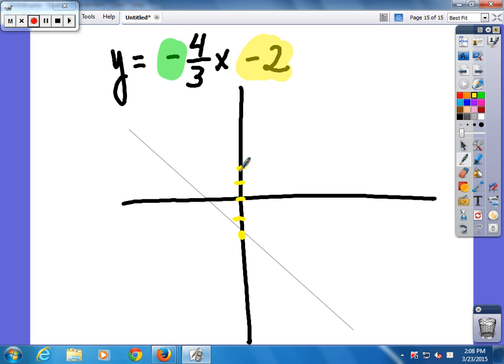So you go over 3. 1, 2, 3. Yep, you get the point. That's why you need graph paper when you do any of these methods, really. And that's how you do method 3.